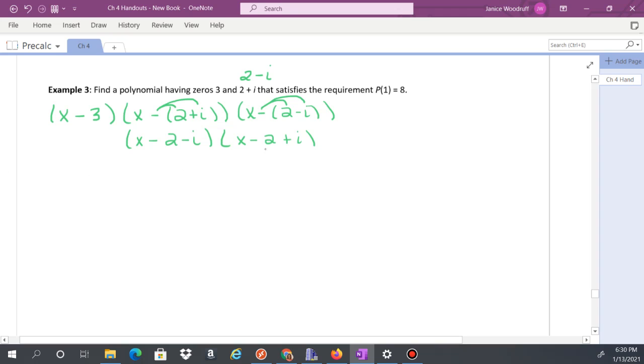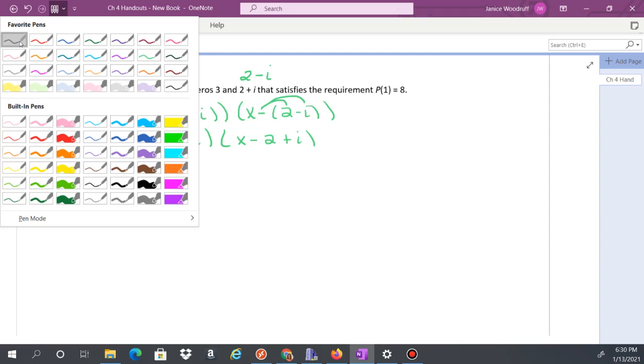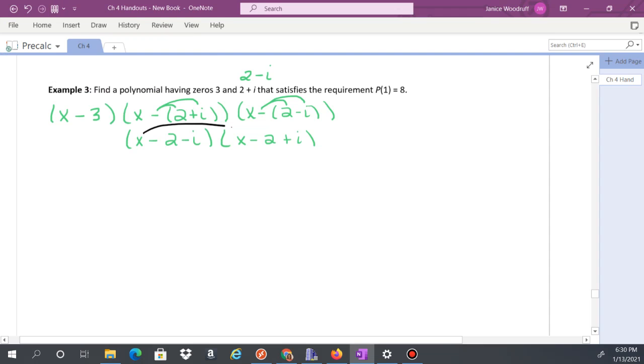Okay, so let's go ahead and distribute this. So we will start here. So we've got x times x. I'm going to write it in one big list this time for this one. So you've got x squared. Then x times negative 2 will be a negative 2x.